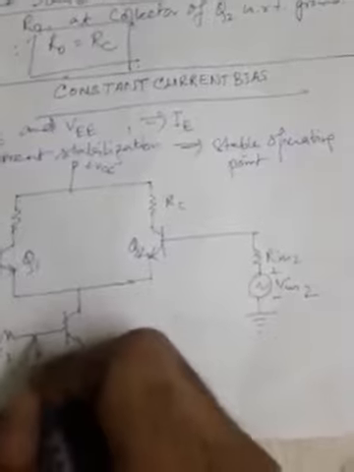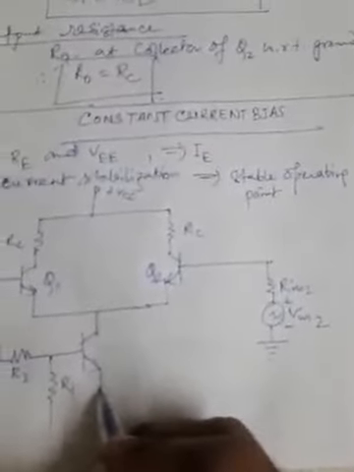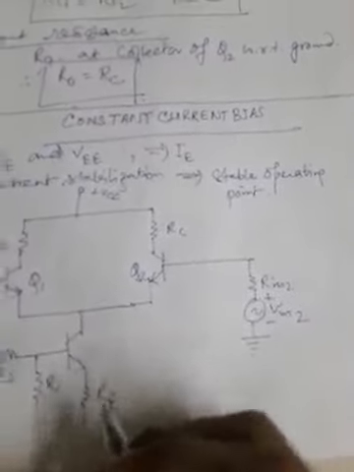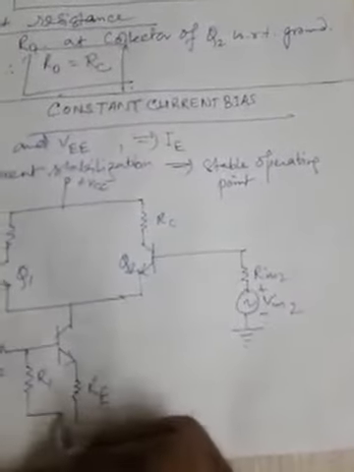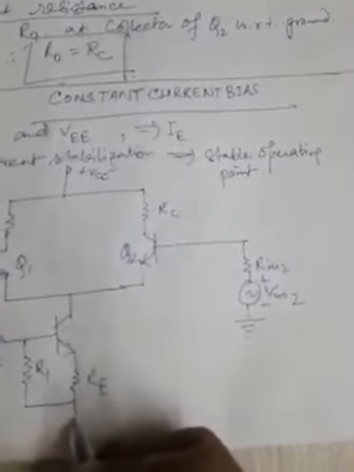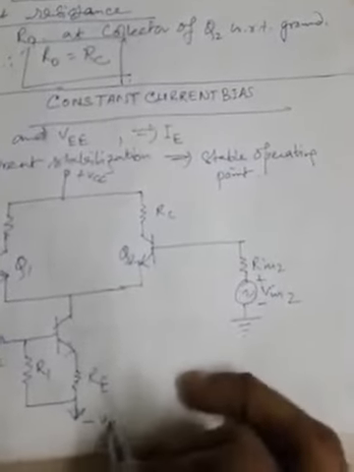This is R2 and another resistor, that is R1, and the emitter of this transistor is connected with this RE, and this base and emitter is internally connected, and this is connected with minus VEE.